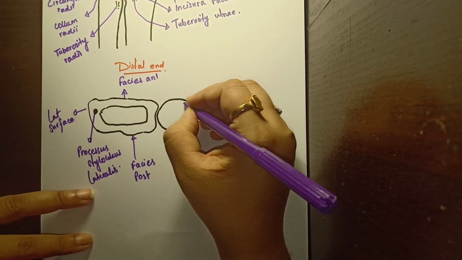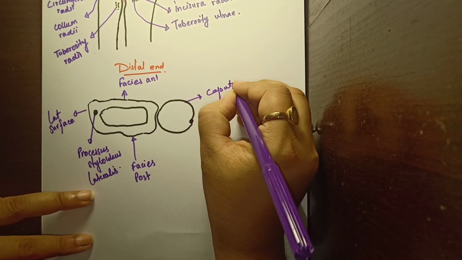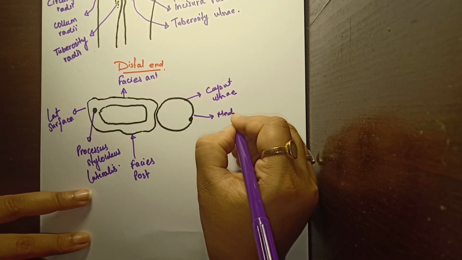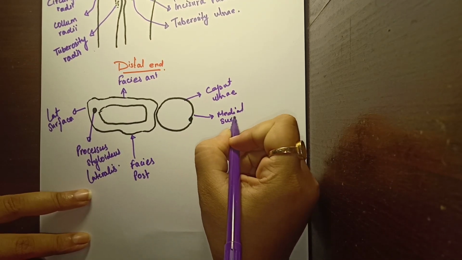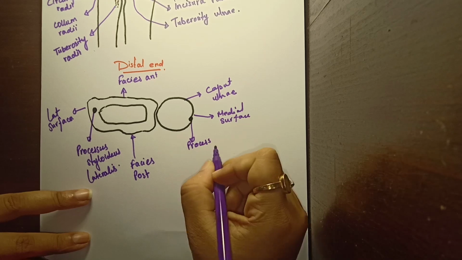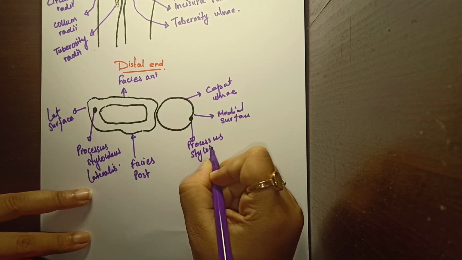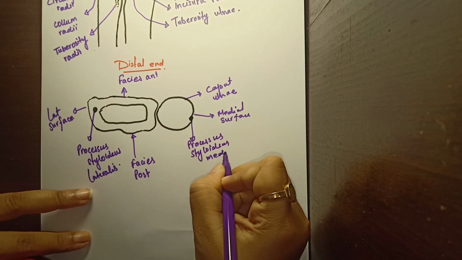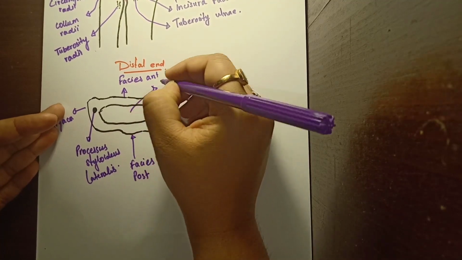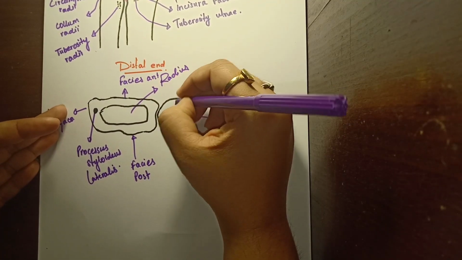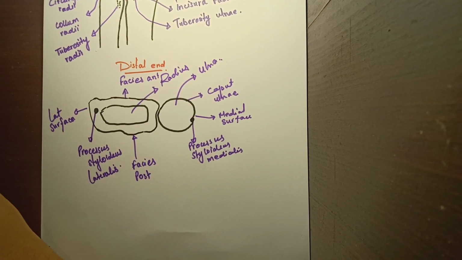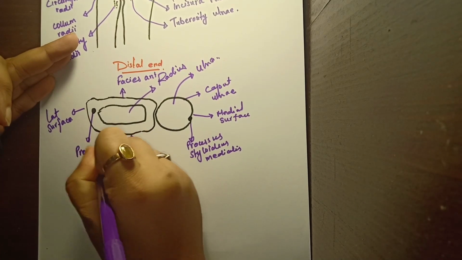Okay, here we have caput ulnae, medial surface, and processus styloideus medialis. So you get the concept of why the radius is, let me write here, radius, and here this is ulna. Okay, so you clearly understand why it is on the lateral side and this is on the medial side.